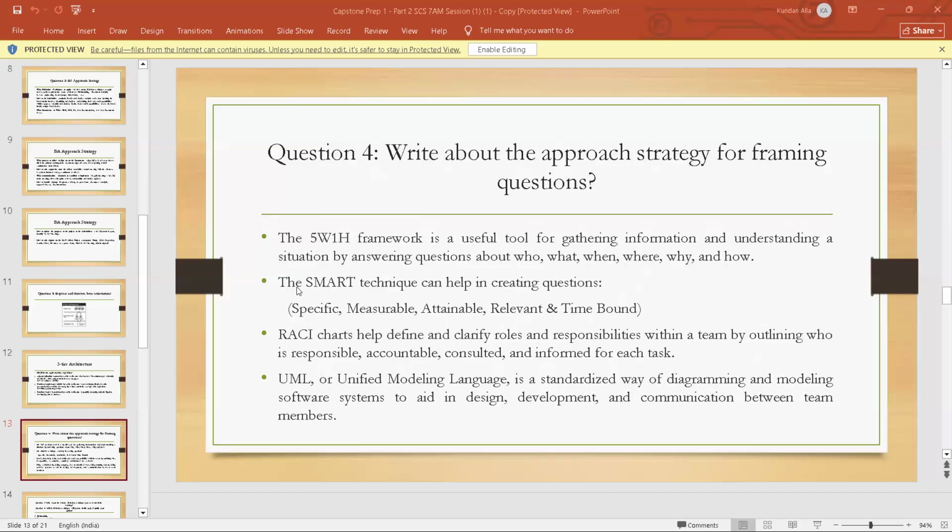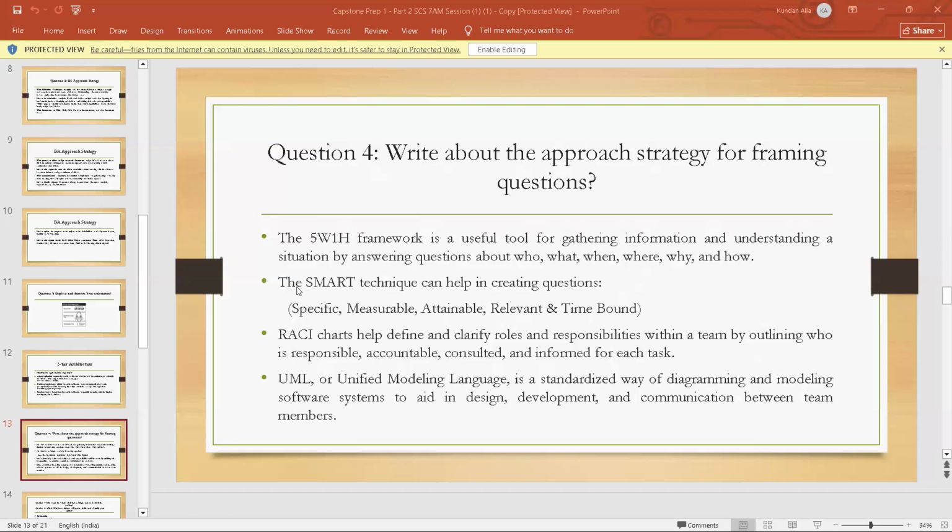And after that, we have UML, which is Unified Modeling Language. It is a standardized way of diagramming and modeling software. What it does is transform the raw data we have gathered from the client. What we gather from the client is in textual format, right? We write down or listen to all those requirements.